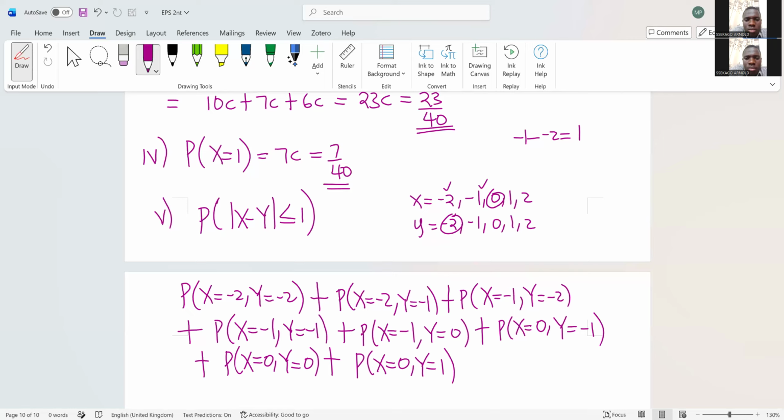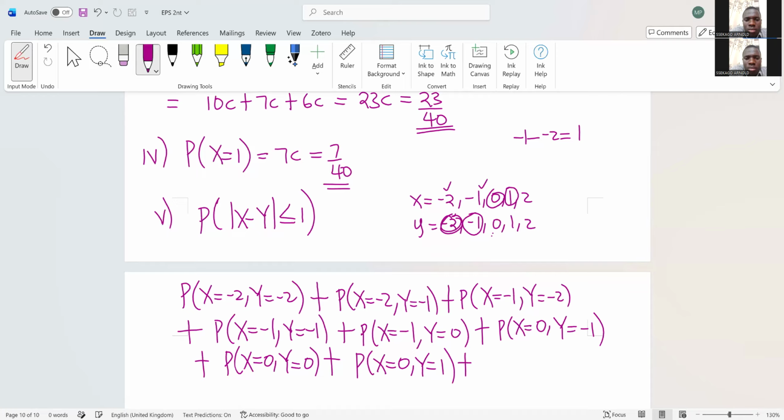Then I go to 1. 1 and -2, when you subtract, you get a 3, it doesn't satisfy. Then 1 and -1 similarly does not satisfy. However, 1 and 0 satisfies, 1 and 1 satisfies, 1 and 2 satisfy.